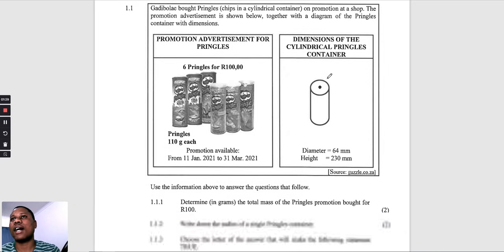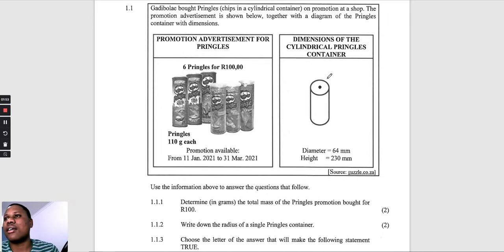Okay, when we look at this type of question, you are given a picture of those Pringles. There are 6 Pringles which are sold for 100 rand, and then they say Pringles 110 gram each, promotion available from 11 January 2021 to 31 March 2021.